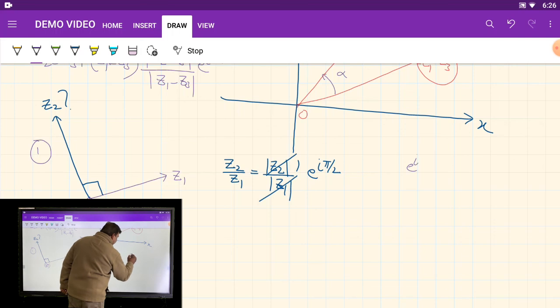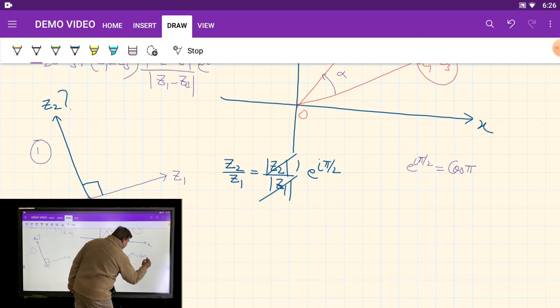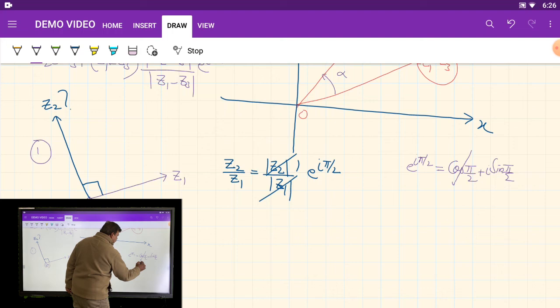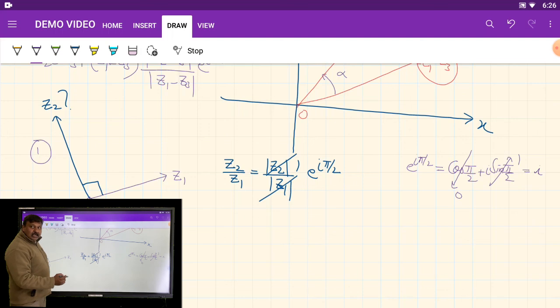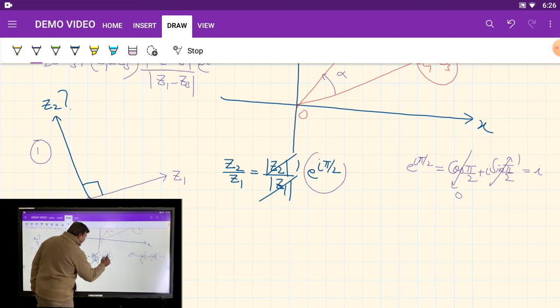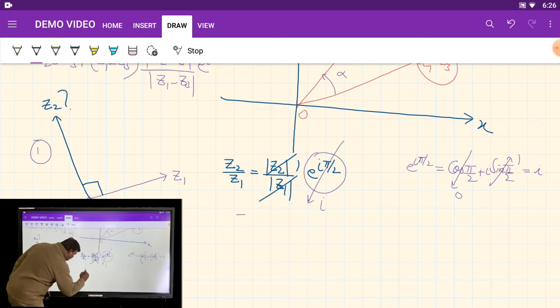E iota pi by 2, that is the cis form of a complex number. This is cos pi by 2 plus iota sine pi by 2. Cos pi by 2 would be 0, isn't that right? Sine pi by 2 is 1. So this boils down to iota. So instead of E iota pi by 2, I can write iota. So what does Z2 come out as?